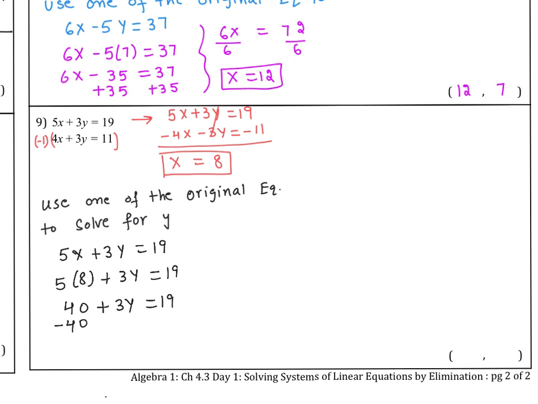Subtract 40 on both sides, you get 3y equals negative 21. Now divide by 3 on both sides, y is negative 7. So x is 8 and y is negative 7.